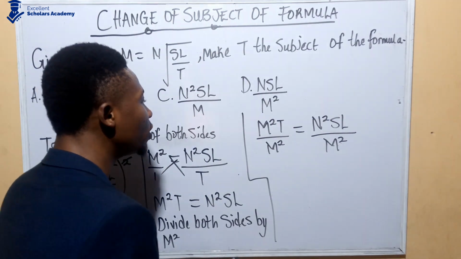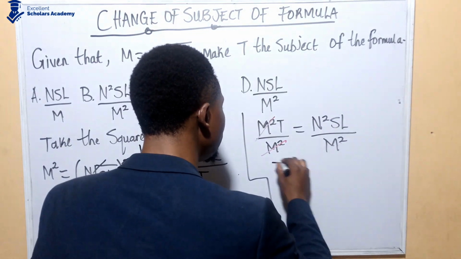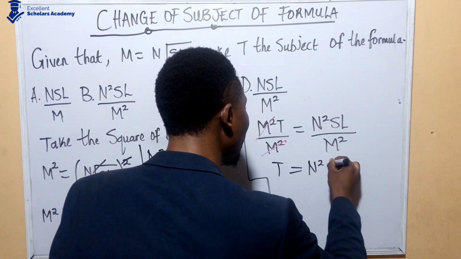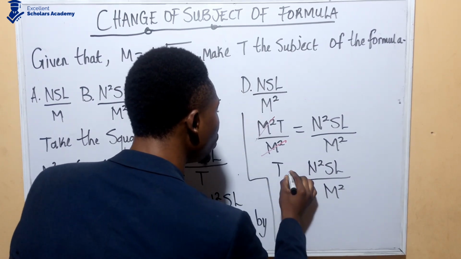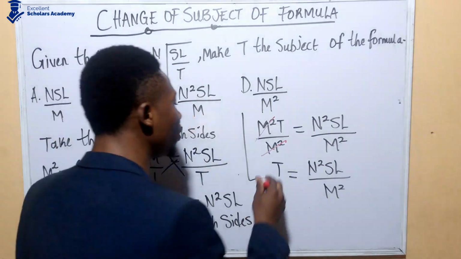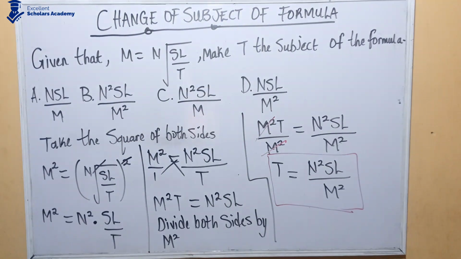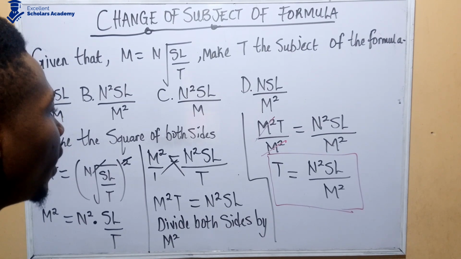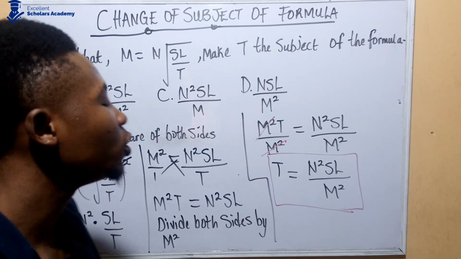M squared takes away M squared, and we're left with T is equal to N squared SL over M squared. So we make T the subject of formula from here. Which of the options falls into this? Option B. So option B is correct.